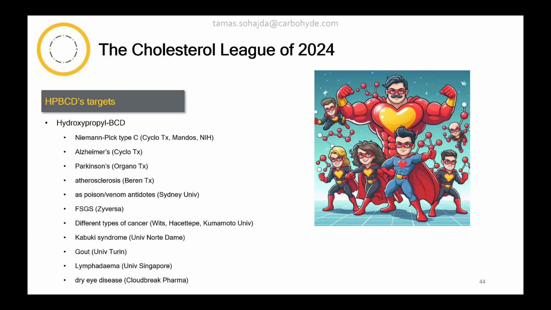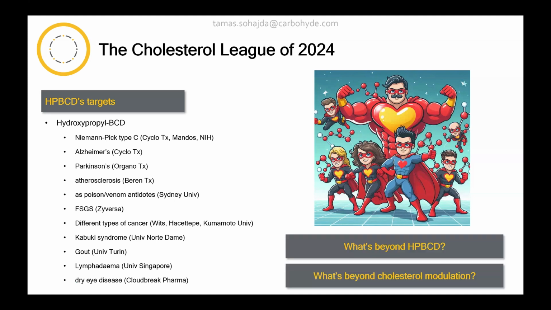There are different types like Alzheimer, Parkinson, lymphedema, dry eye disease, and for the same type of action, you can use hydroxypropyl beta cyclodextrin as well. So it's now a league of the cholesterol-related issues. So what's beyond HP beta, what's beyond cholesterol modulation?